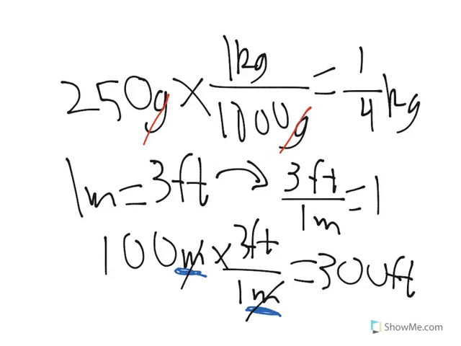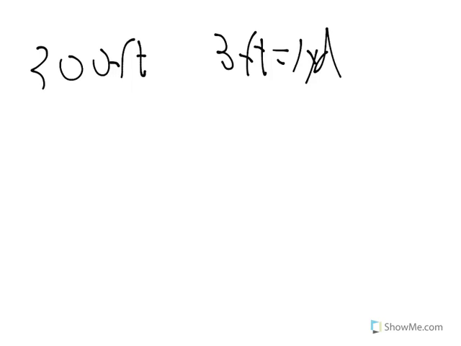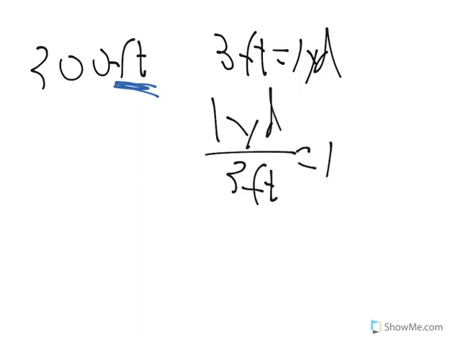And then let's continue even a little further. 300 feet, we know 3 feet is 1 yard. Now, why the English system has such terrible units, no one knows. But we can once again do a substitution. Now, do we want feet on the top or on the bottom? Well, feet's on the top over here, so let's put it on the bottom. 1 yard over 3 feet equals 1.